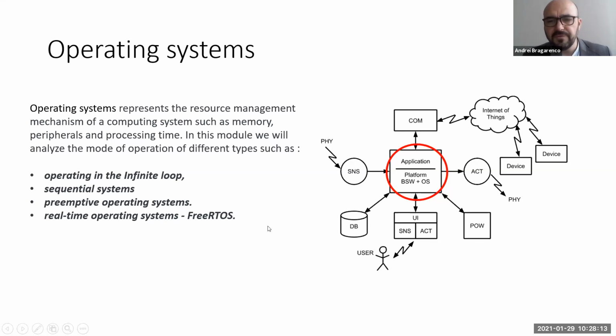If you would like to know what kind of operating system we can run on a microcontroller, FreeRTOS is one of the most popular in embedded systems and do-it-yourself or open systems. Because in automotive, we will not use FreeRTOS. We will use something more specific, safety qualified and automotive qualified.